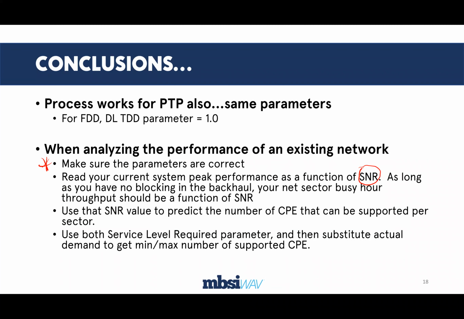When we start to think of the world in terms of SNR rather than in terms of bits and bytes and dB, RSSI or RSRP values in LTE, whatever it happens to be, we get a much clearer picture as to what's going on. As long as you have no blocking in the backhaul, your net sector busy hour throughput should be a function of the weighted average signal to noise ratio.